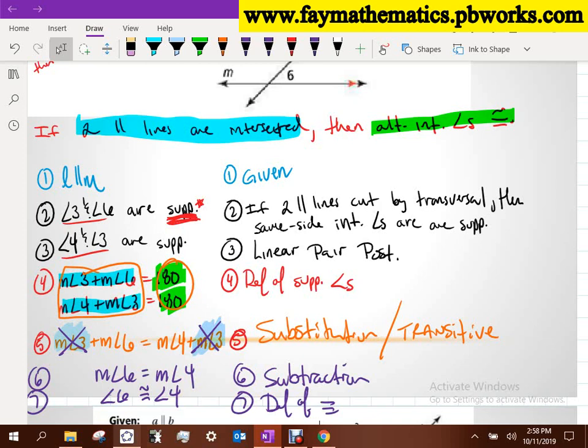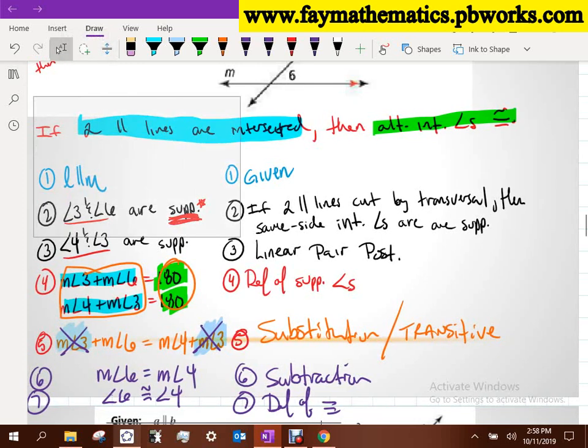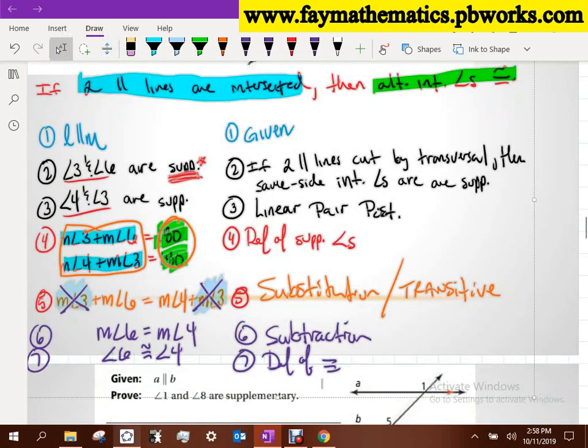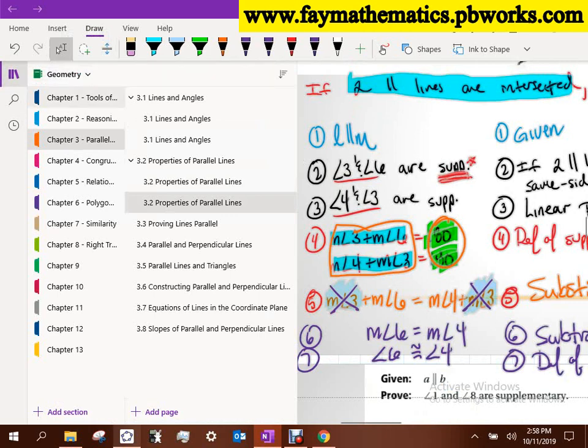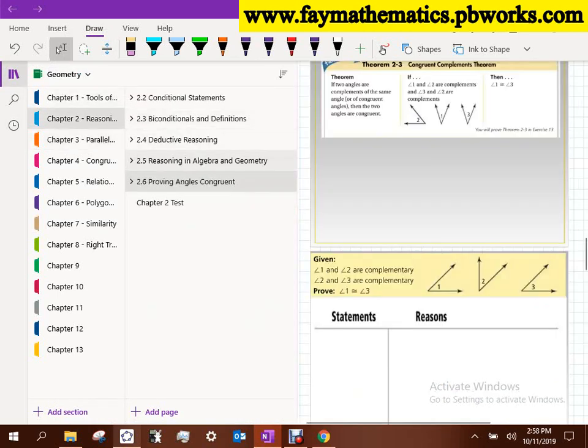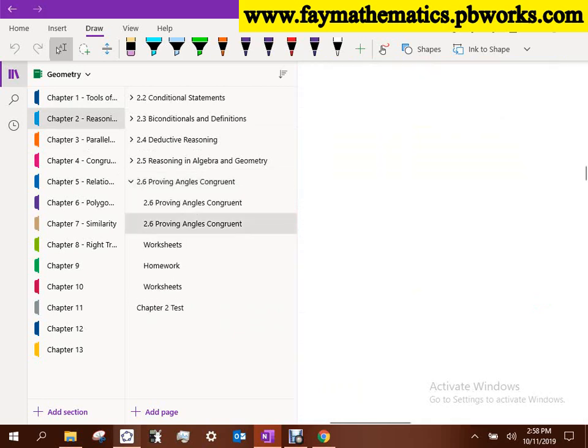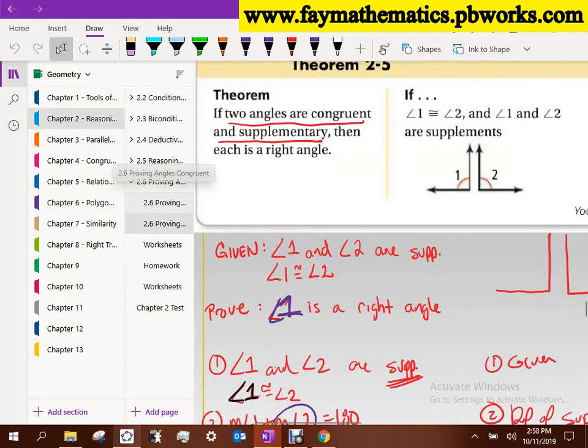I don't know if I can do this because this thing's acting up funny. Let me see if I can do this. Control C. I want to go back to chapter 2 real quick, and I want to go to our notes from 2.6. And I think it's actually maybe 2.5.